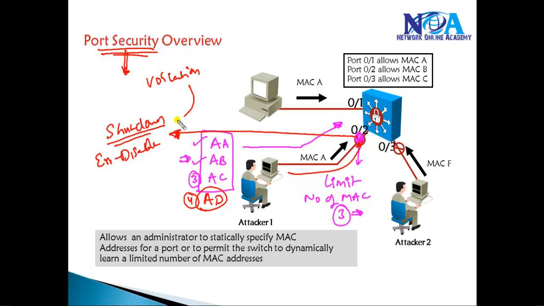The default violation rule is to shut down the port. This is what we can do in the case of port security. We limit the number of MAC addresses that can be learned on a specific port. If anyone violates that rule, if it learns more than the number of MAC addresses we define, it's going to simply put the port into error disable state.